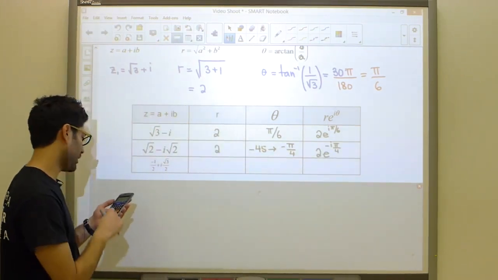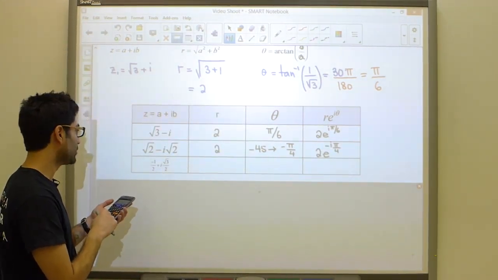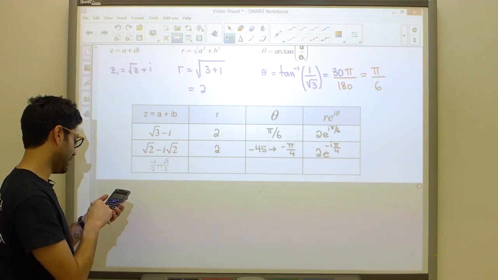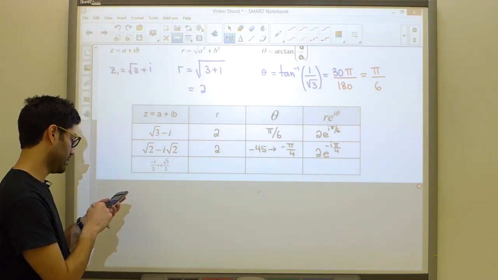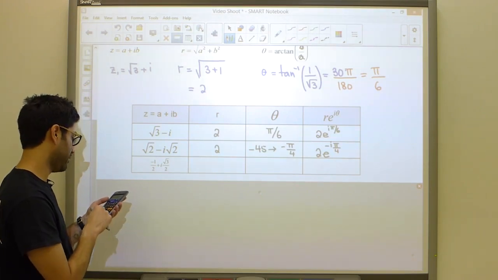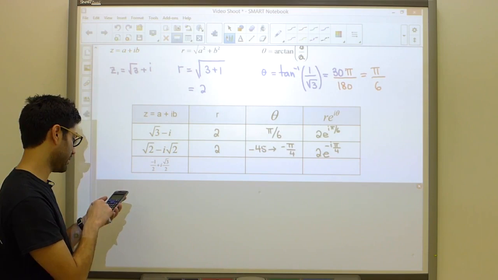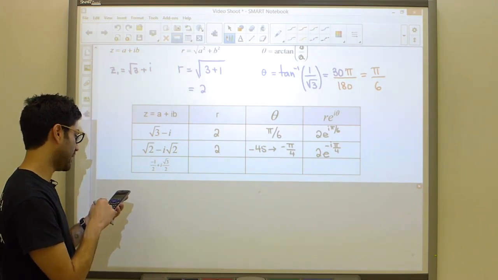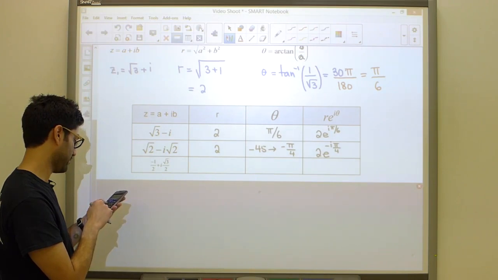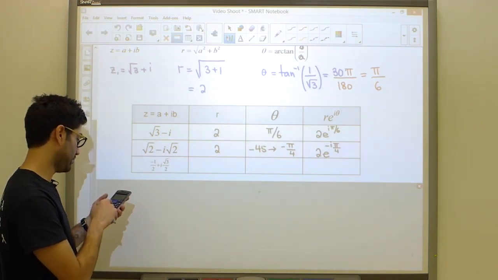And if I apply this to the last one, so I have now negative 1 divided by 2, and I have root 3. Oops, not the cube root. Let's try that again. Root 3 divided by 2.